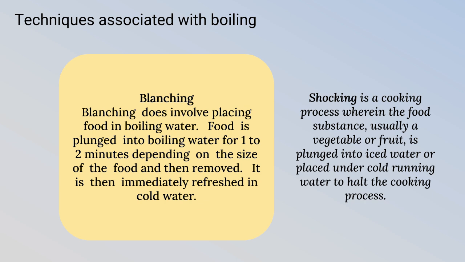What is shocking? Shocking is a cooking process wherein the food substance, usually a vegetable or fruit, is plunged into iced water or placed under cold running water to halt the cooking process. To halt the cooking process means to stop the carryover cooking.